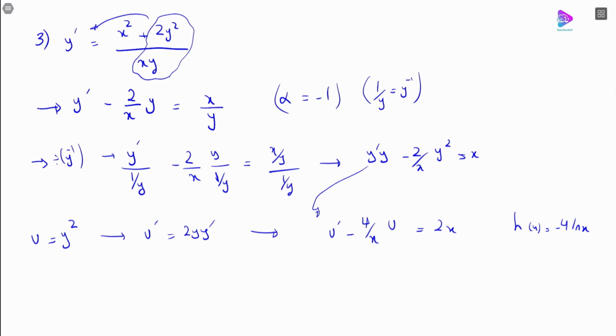You need to refer to previous lectures to see how we get there, but again u would be equal to y² = x⁴ times the integral of 2x · x/x⁴ dx + c. And that's how we would be solving this equation.